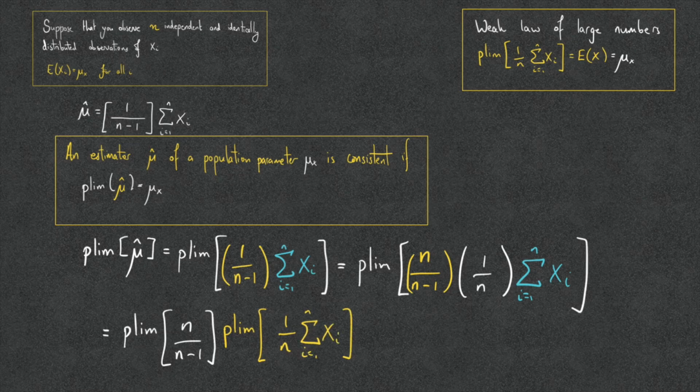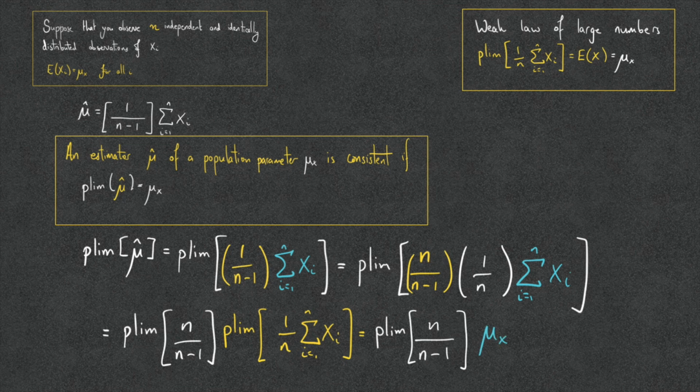Now this second expression we already know is going to be equal to the expectation of x, or mu x. So we can rewrite this as being equal to the probability limit of n over n minus 1 times the expectation of x, or mu x.